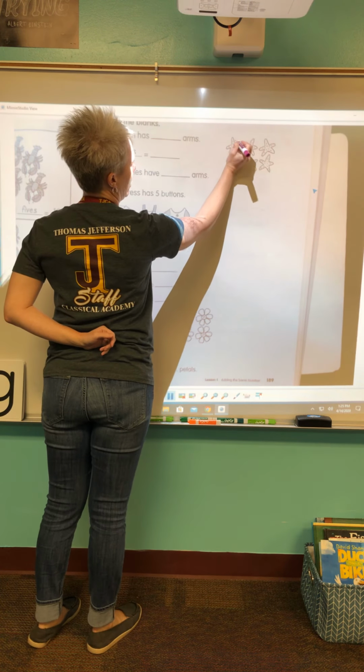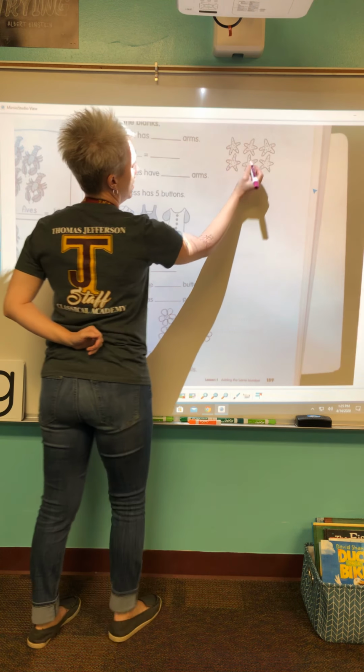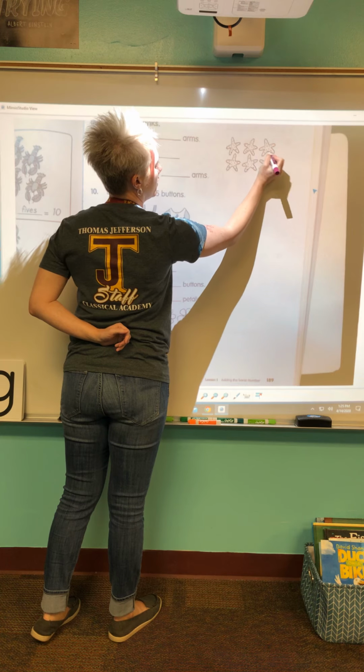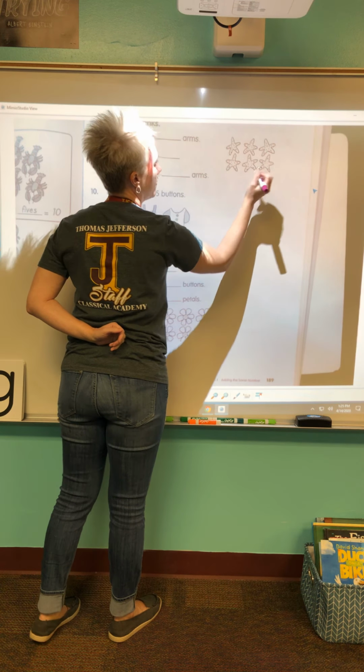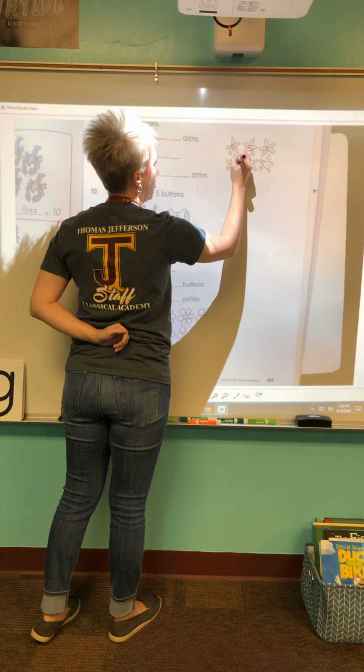So let's count. 1, 2, 3, 4, 5. Each starfish has 5 arms.